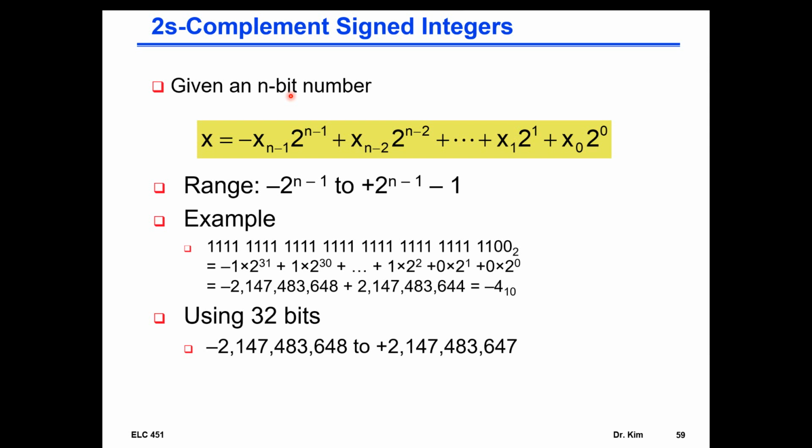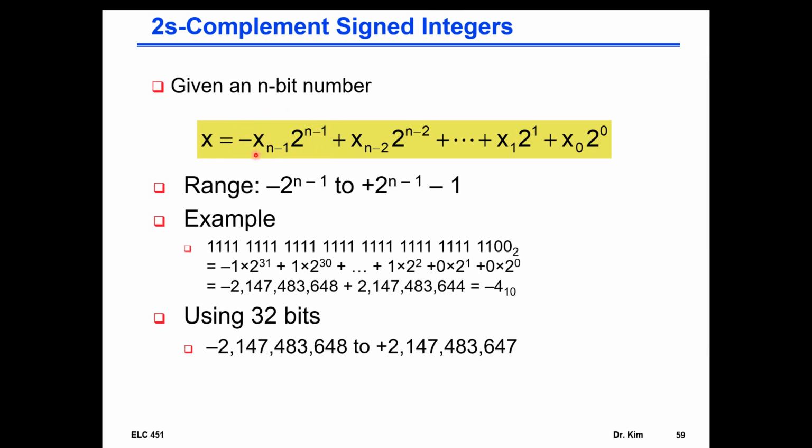The only difference between 2's complement and unsigned numbers is that for the exponent 2 to the n-1, that weight is negative. So if the bit is 0, that makes it a positive number because this term becomes 0.